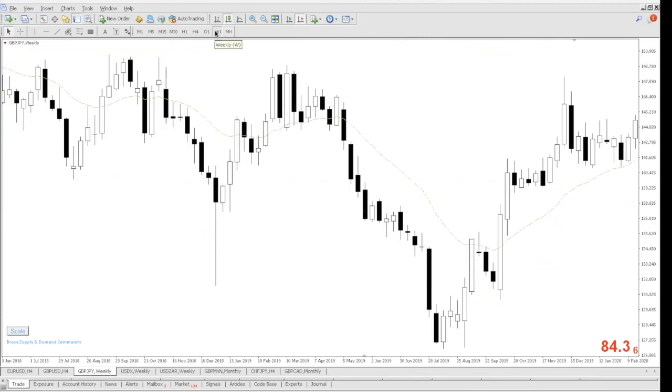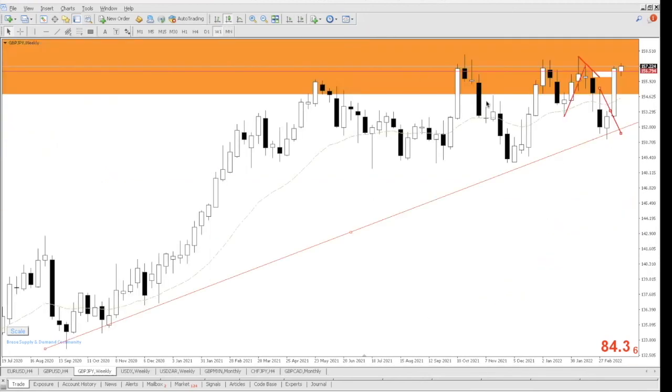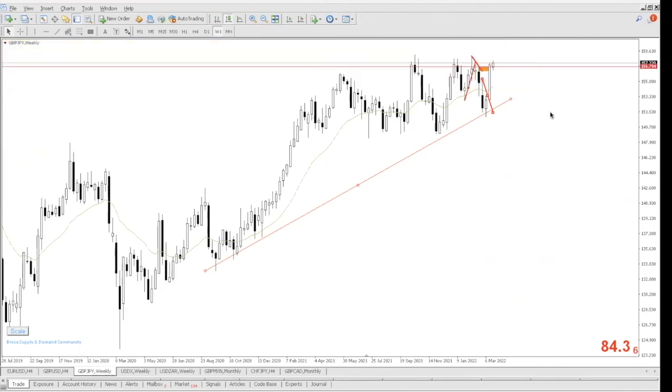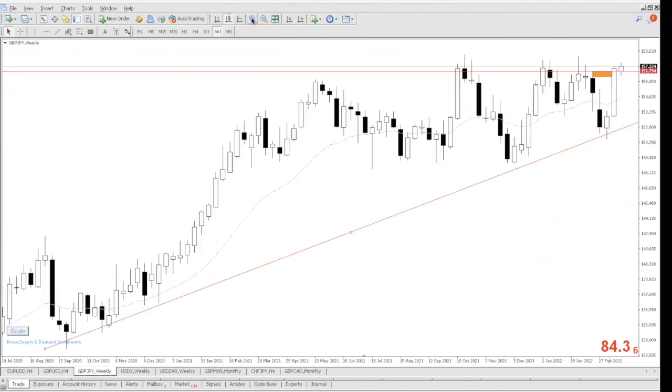So if you go on the weekly, let's check it again on the weekly. Let's see if our trend line will still be respected. So remember what you do, we draw our nice trend lines. Okay, look here.